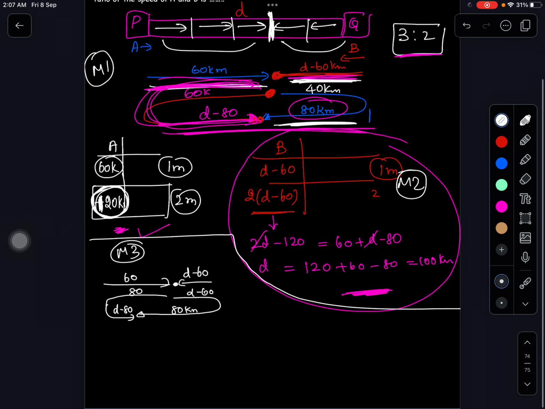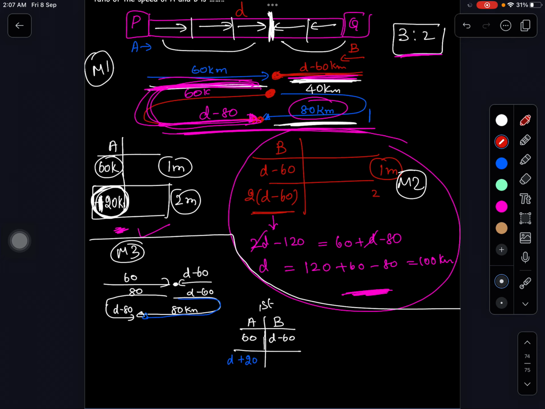Now the speed ratio is always the same, right? So for their first meet, what is the distance traveled by A and the distance traveled by B? A has covered 60 and B has covered D minus 60, right? Okay. Now from the first meet until the second meet, what is the distance traveled by A? A has covered D minus 60 plus 80, which is D plus 20.